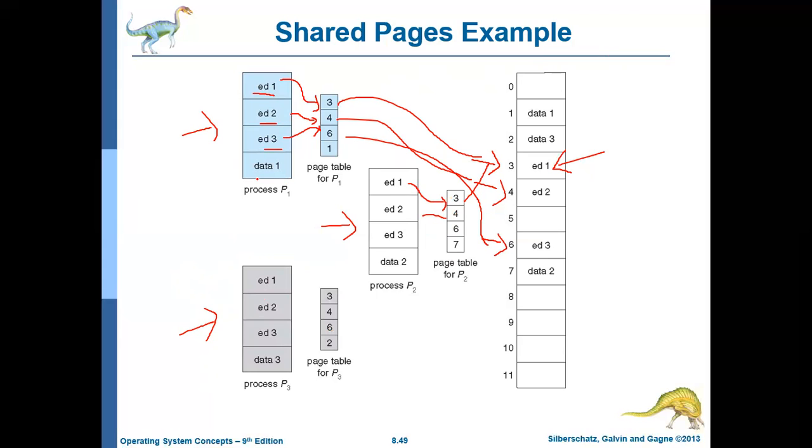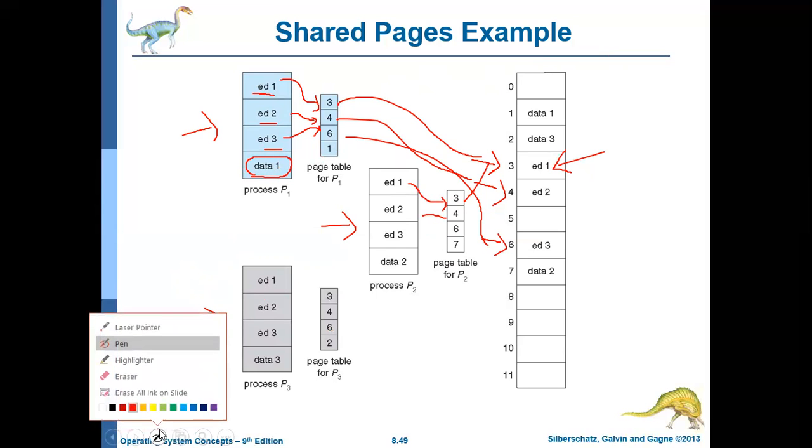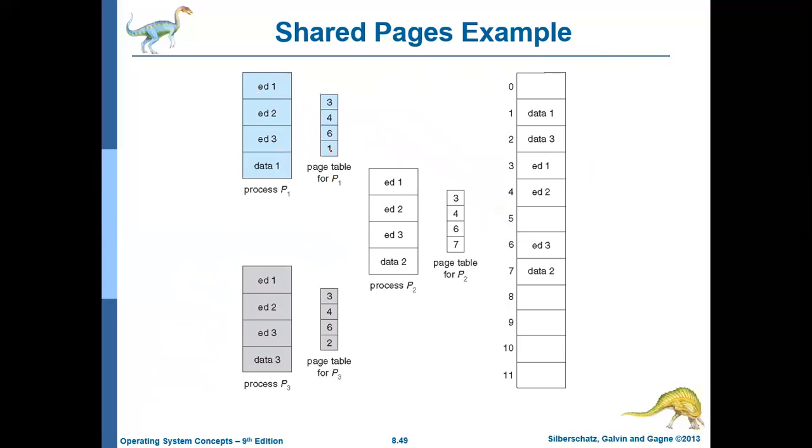But they have their own data sections. Process 1's data section is mapped to frame 1. Process 2's data section is mapped to frame 7. Process 3's data section is mapped to frame 2.